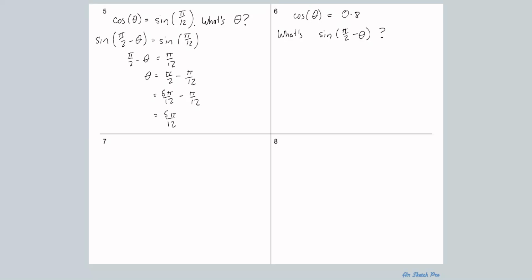Okay, 0.8, right? It's the same relationship, that the cosine of theta must be the same as the sine of 90 degrees minus theta.